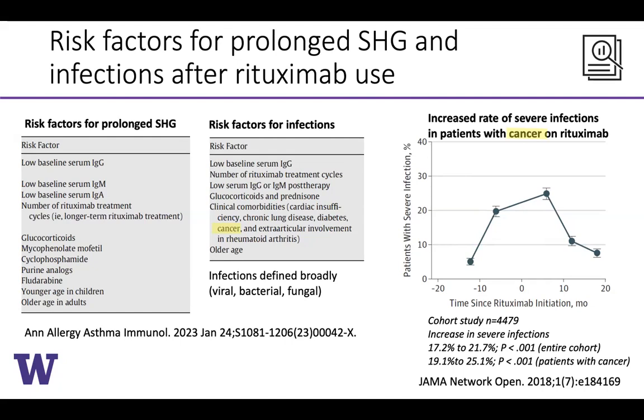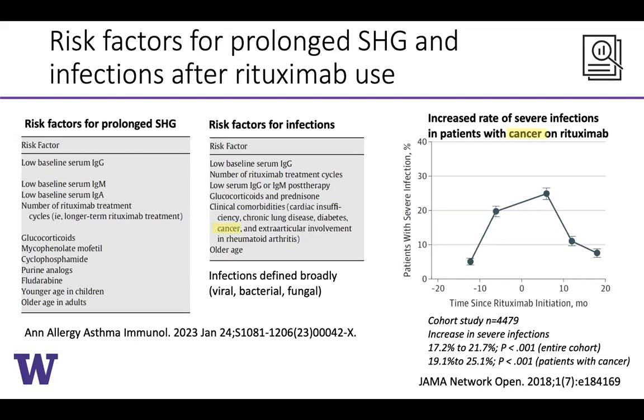Things like low baseline IgG, as well as low baseline IgM and IgA, and number of rituximab treatments have been identified as factors in some studies. As previously mentioned, patients on other immunosuppressive therapies are also more likely to have prolonged secondary hypogammaglobulinemia.